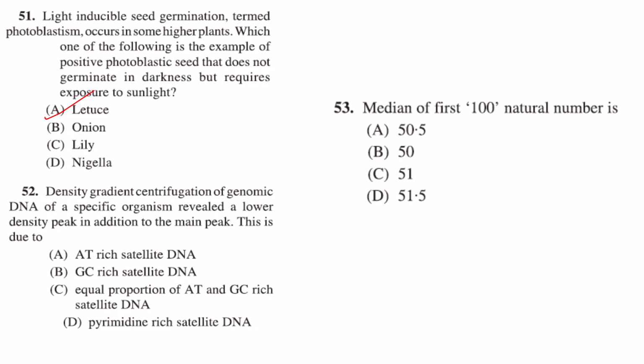AT rich regions are less dense than the GC rich regions in the DNA. So the presence of a lower density peak in addition to the main peak in a DNA profile of an organism suggests that the molecules are AT rich.